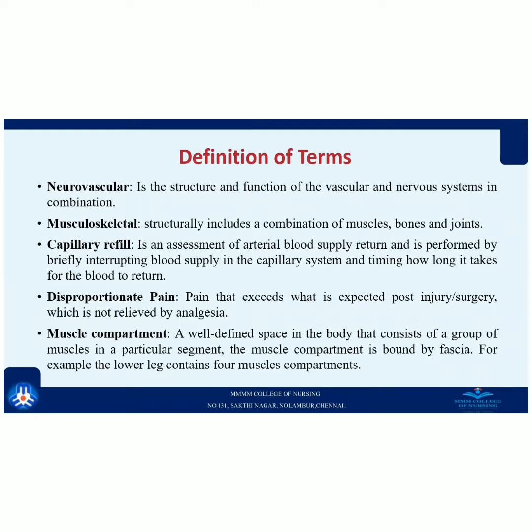A muscle compartment is a well-defined space in the body that consists of a group of muscles in a particular segment. The muscle compartment is bound by fascia. For example, the lower leg contains 4 muscle compartments, whereas the upper limb contains 3 muscle compartments.